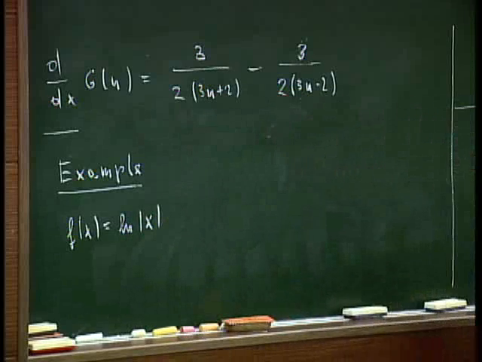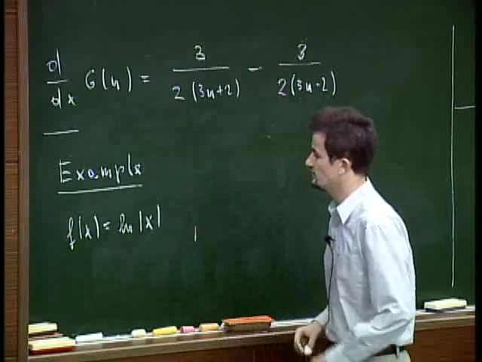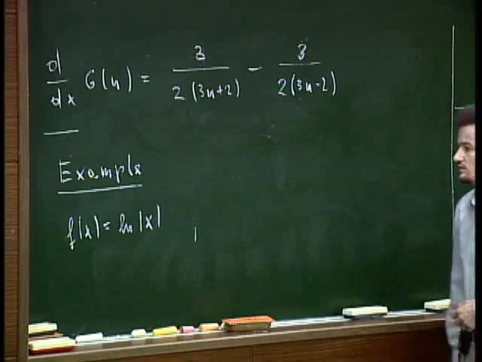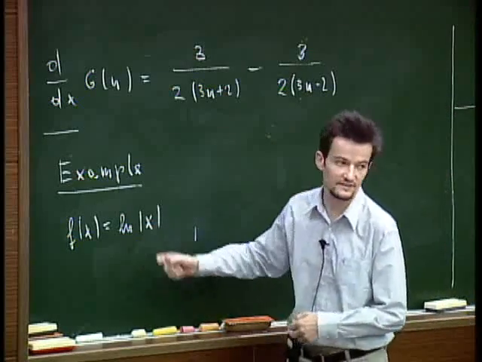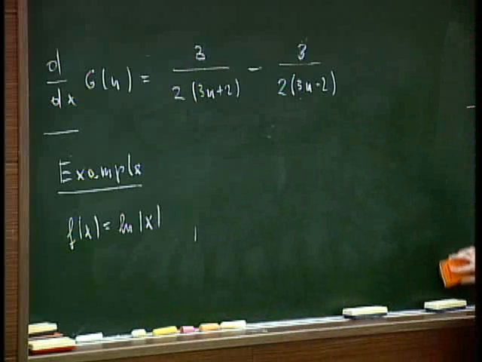So let's look at this function here, the ln of the absolute value of x. Now, in order to compute the derivative, one way is we differentiate two cases, x is larger than 0 and x is smaller than 0, because the function is different for those two cases.